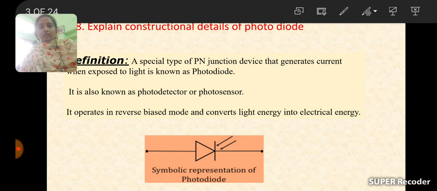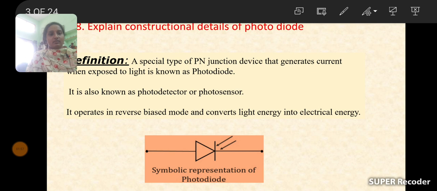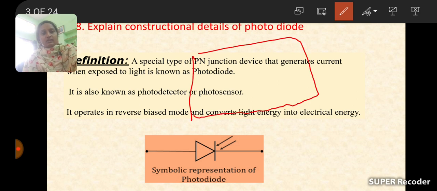So under reverse bias condition, the PN junction diode acts like a varactor diode. Why? Because under reverse bias condition, all the majority carriers move towards the battery and the minority charge carriers move towards the junction. Because of that, only the immobile charge carriers remain near the junction.